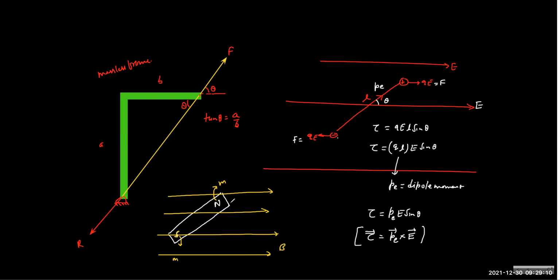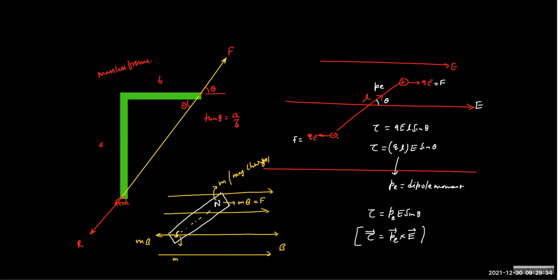So M is called the pole strength, and the magnetic force we write as M into B, equivalent to what we write as Q into E. This is like a force. The pole strength is called the magnetic charge, the equivalent of charge. So we call it a mag charge. And then again, this is the MB.